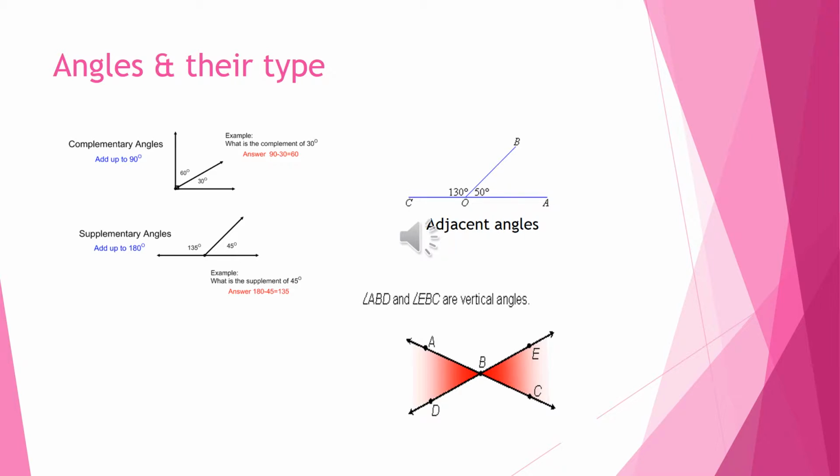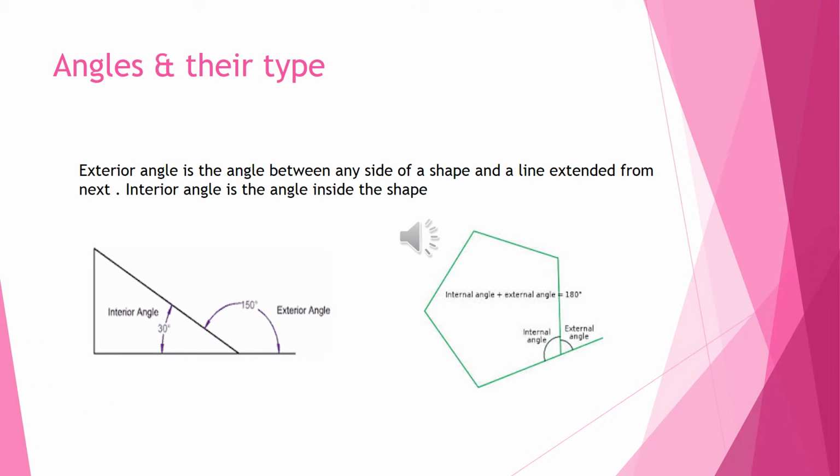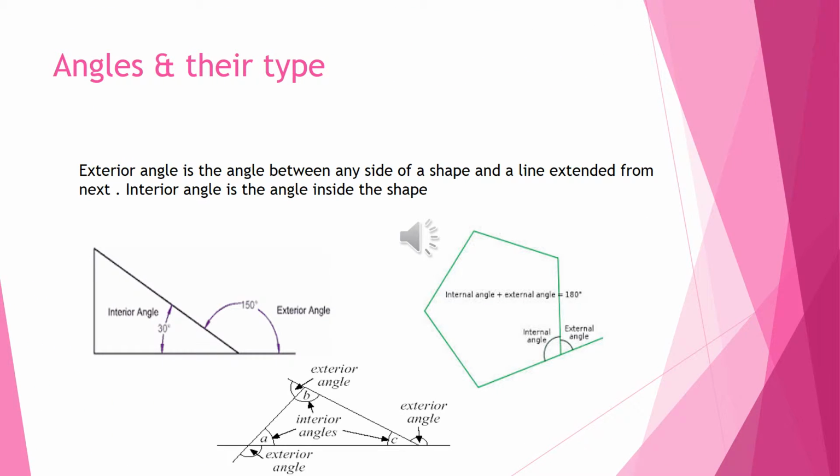Here are some more examples of complementary angles, supplementary angles, adjacent angles, and vertical angles. Now let's take a peek at what are exterior and interior angles.